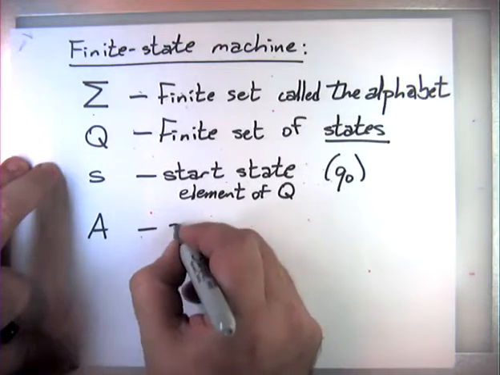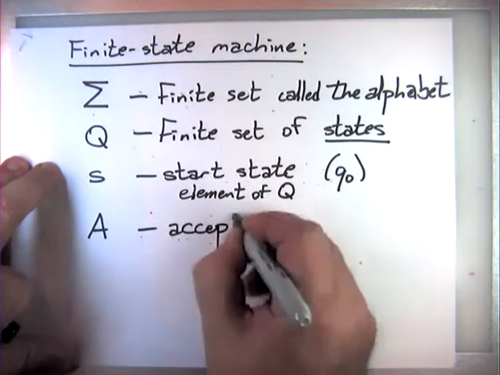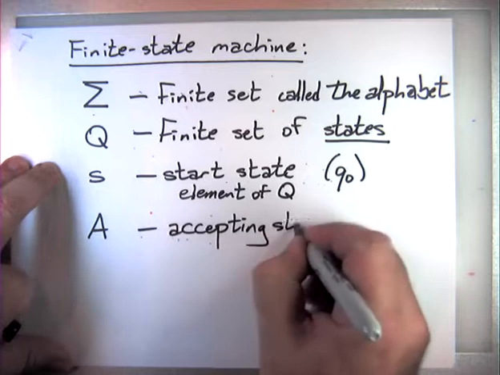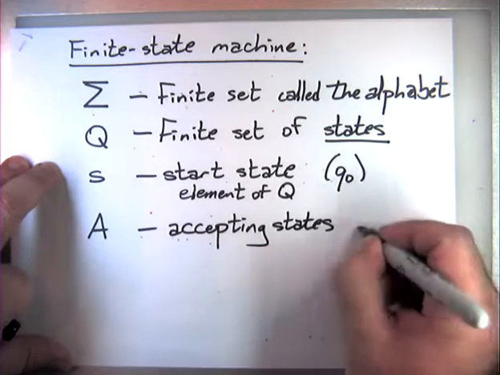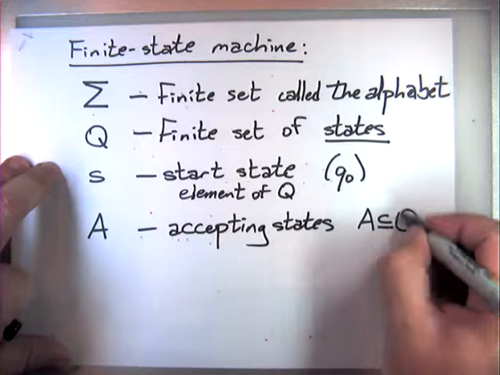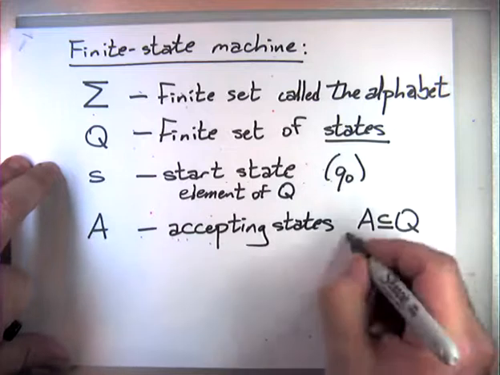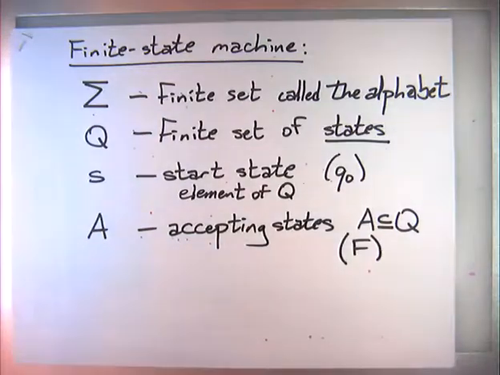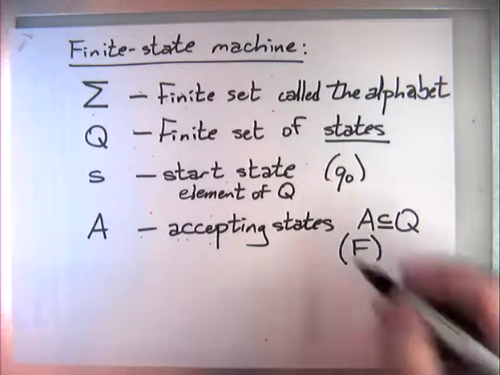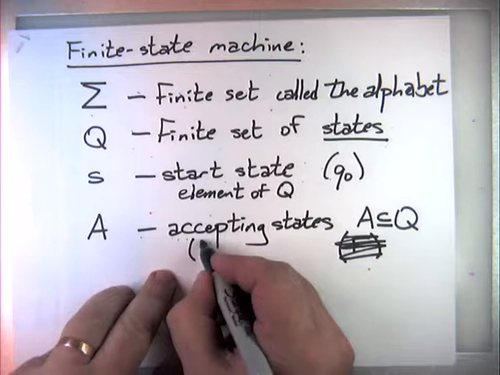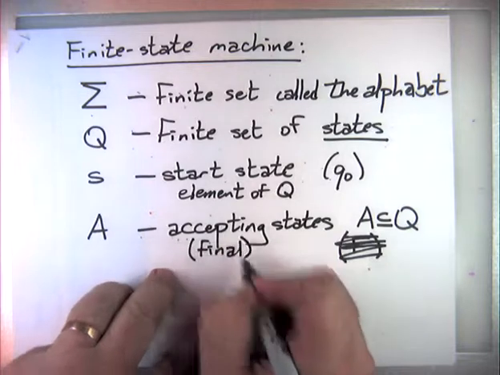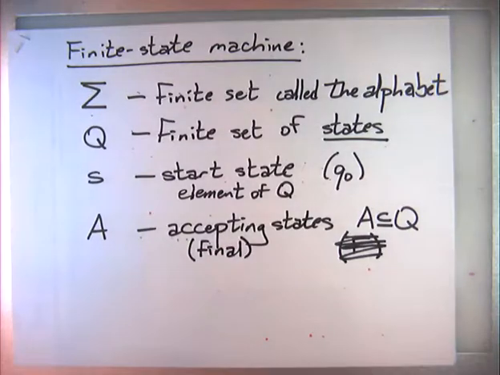So you have a set of accepting states. Again, this is a subset of Q. For historical reasons, this is sometimes called, actually no, for historical reasons it's not called F. For some reason, these states are called final.